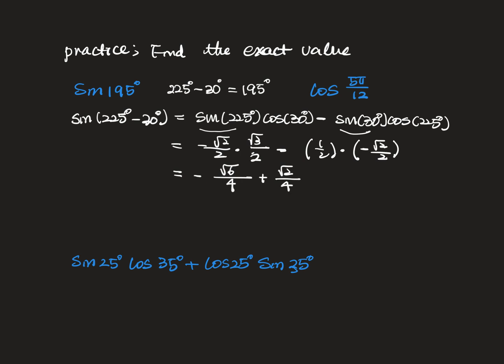5 pi over 12. So which combination makes 5 pi over 12? I'm thinking about 2 pi over 3 and pi over 4. 3 pi over 4 doesn't make 5 pi over 12, okay?